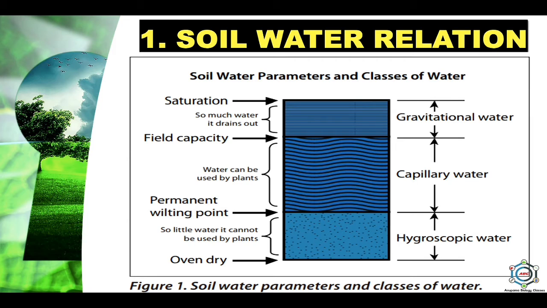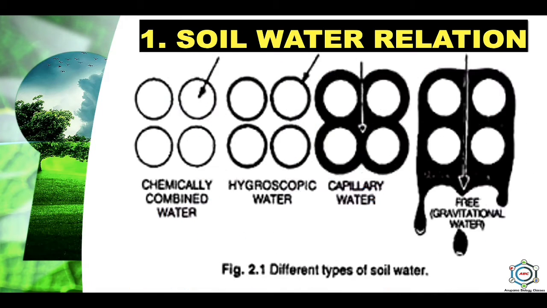Therefore, the gravitational water is not readily available to the plants and penetrates below the reach of the roots within a few days. Plants absorb this water only when rain showers follow one another. If the gravitational water remains indefinitely, the soil is said to be waterlogged. So this is about the gravitational water.